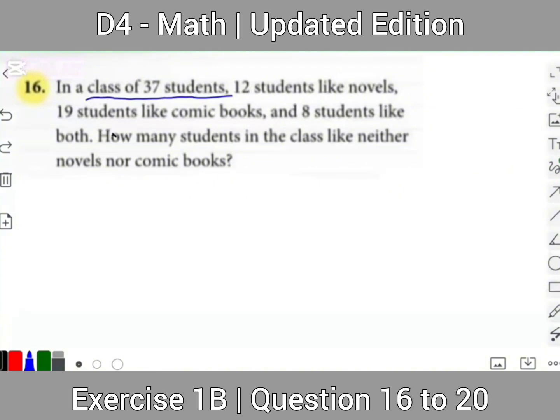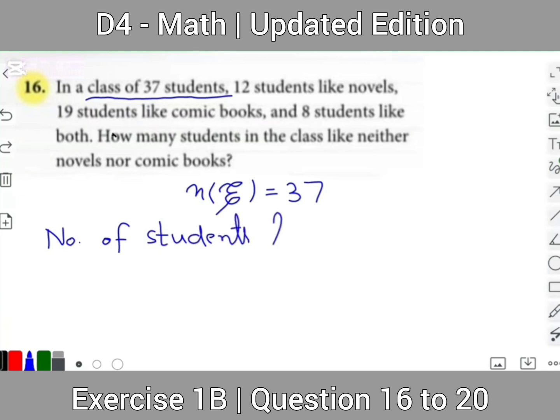Now in the question, the number of students in the class is given, and it will be denoted by n of the universal set, and that is equal to 37. The number of students who like novels will be denoted by n of N, and that is equal to 12.